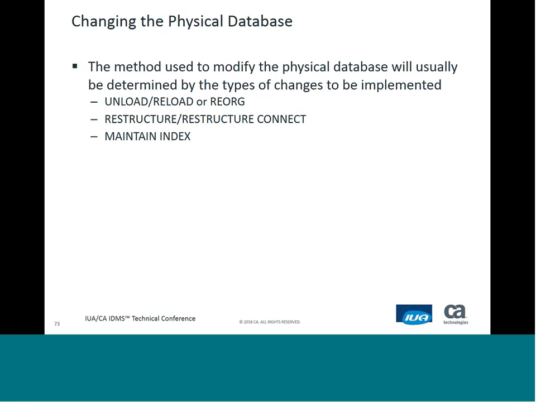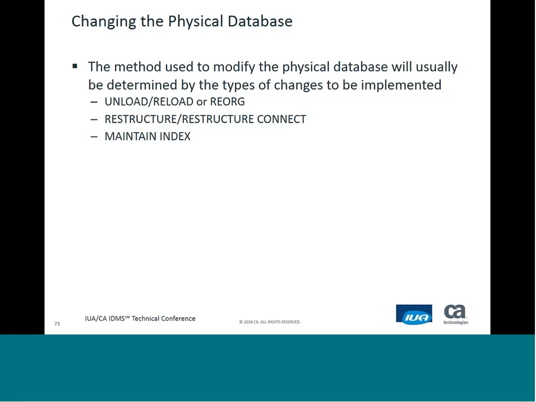We've already talked about these utilities from the standpoint of enlarging the database. But there are also changes that can be made to the database using the unload, reload, or reorg utility. So we'll be looking at those utilities from the perspective of the changes that are going to be made to the database structure.